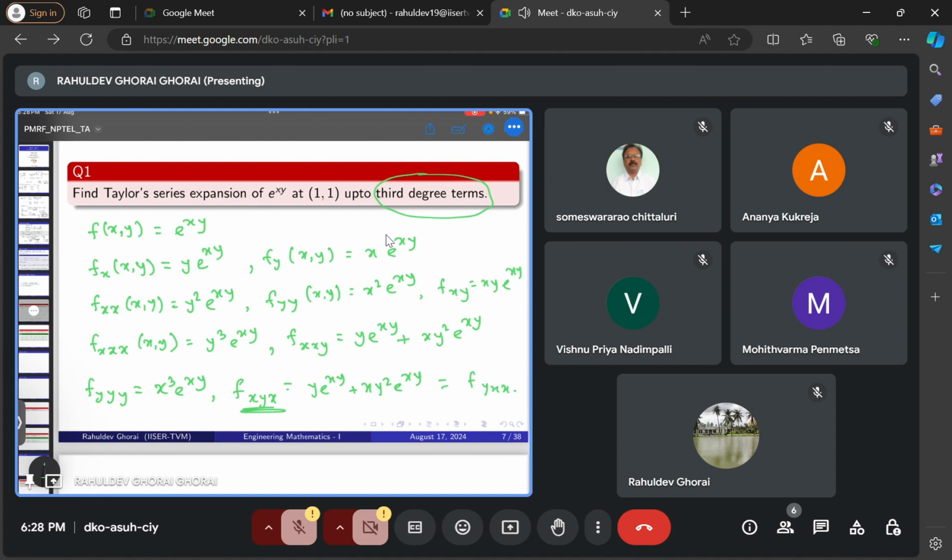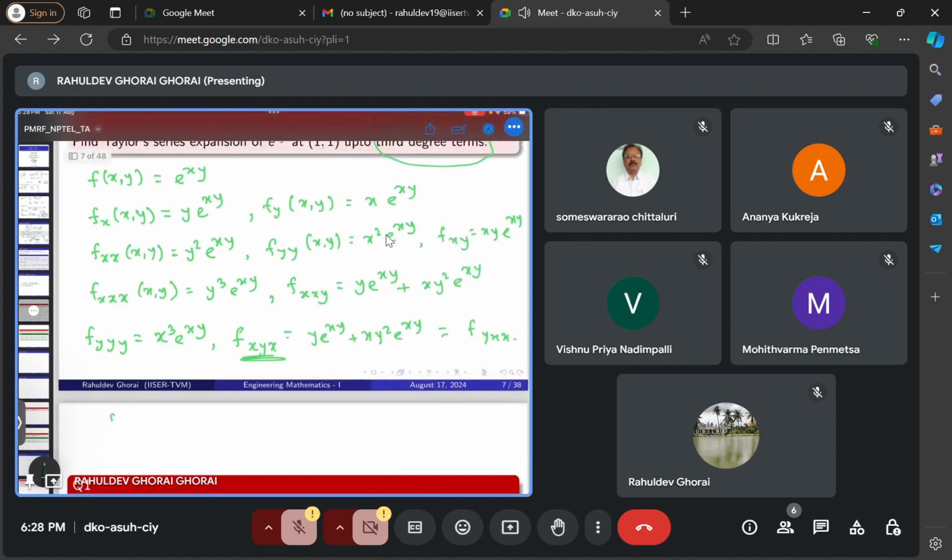Okay. So when you find these, what will be then our function? So how we can write this f of xy then will be f of 1 using Taylor's theorem: f of 1, plus x minus 1 times f_x at 1, plus y minus 1 times f_y at 1, and it will keep on going.